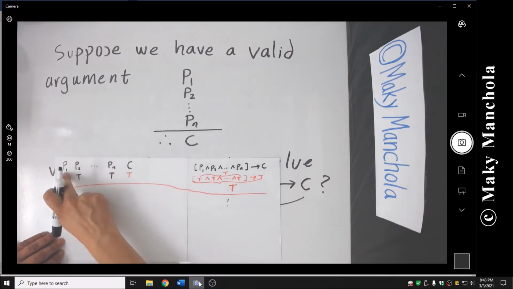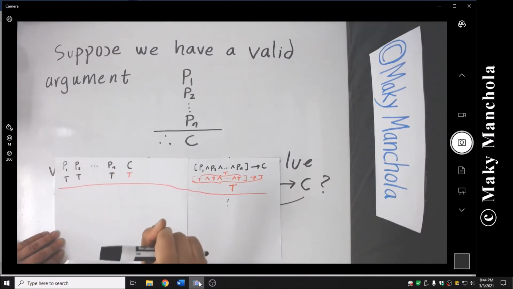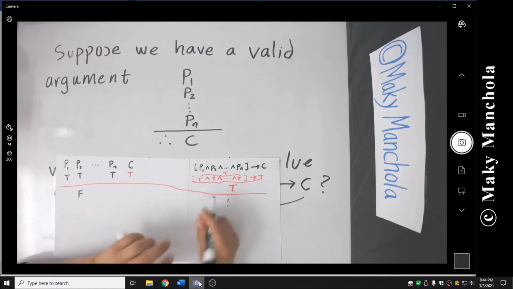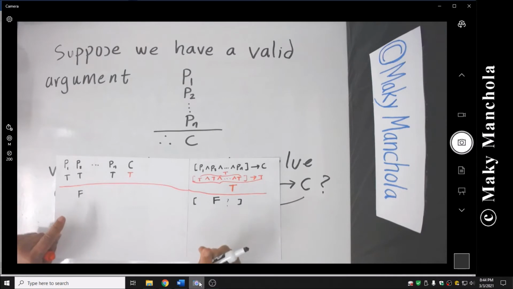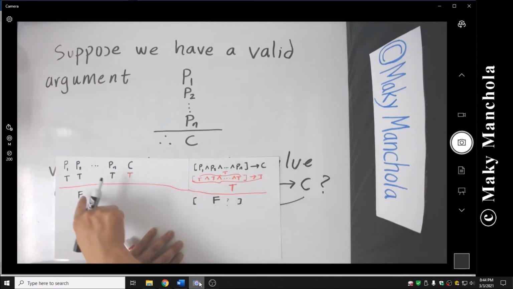Now, there are other cases I would have to consider. Another case I will have to consider here is maybe one of these is false, or maybe two of these are false. All remaining cases have at least one false. So let's say one of the premises were false. When we go here, in the conjunction, the result from that will be false, because the only case when a conjunction is going to be true is when all components are true. But in this case, one of the components is false, so then at that point the conjunction is false.